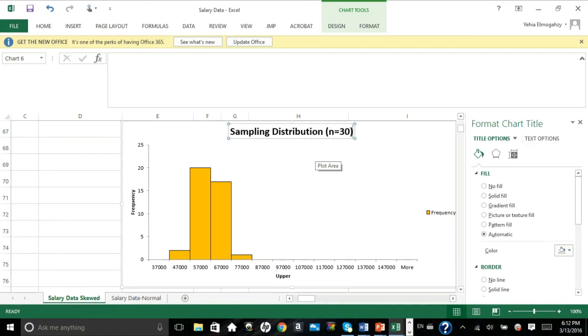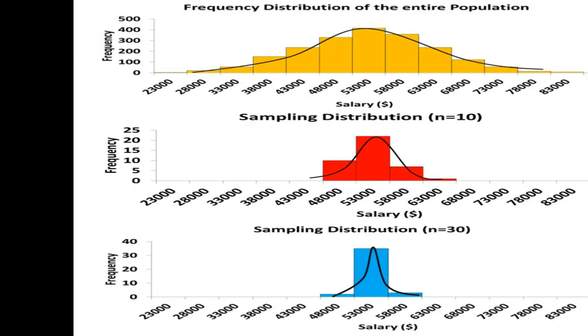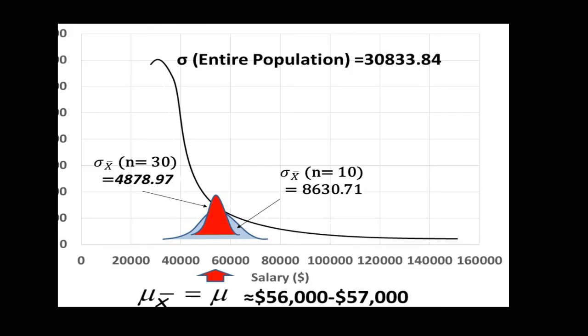So what does that mean? This simply means that regardless of the shape of the original population, when we take a sample that is large enough, we will end up with a distribution that looks more or less like a normal distribution.